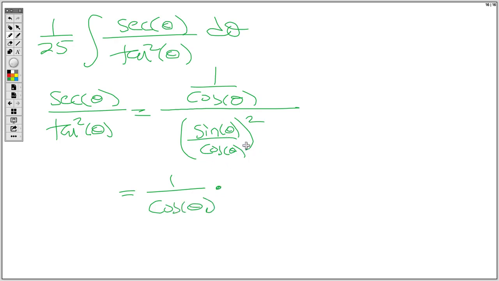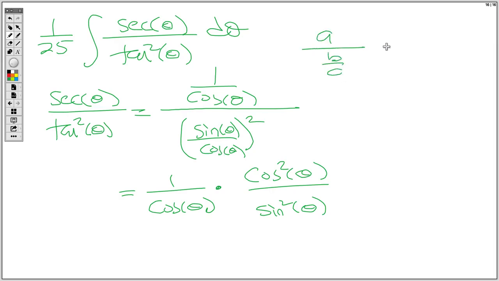The reciprocal of this would be cosine squared theta divided by sine squared theta. Right? When you divide by a fraction, you flip it. A divided by B over C is A times C over B, multiplied by the reciprocal. So this cancels out.